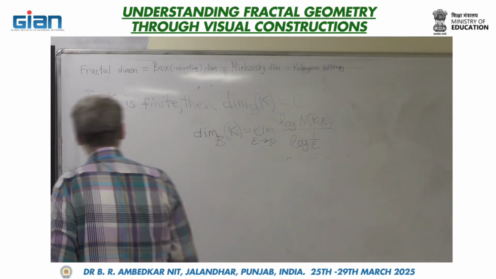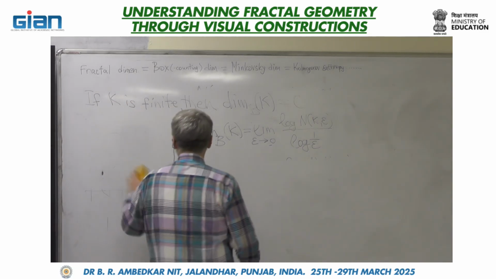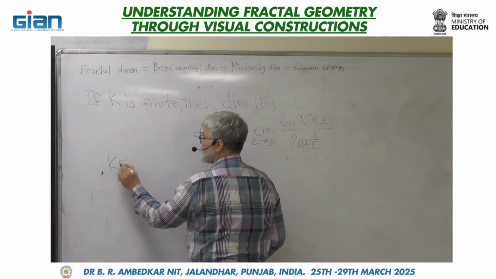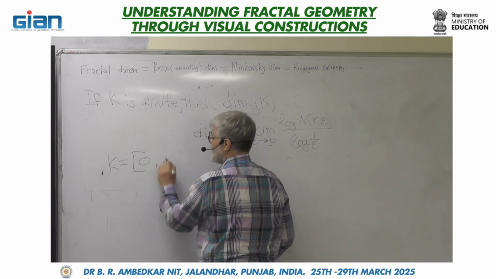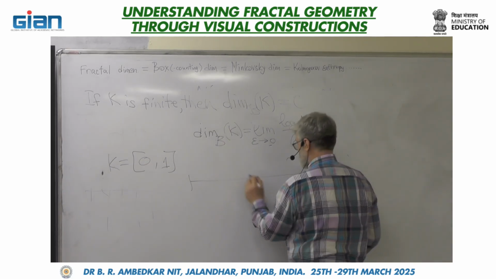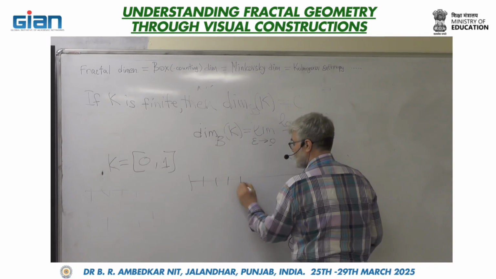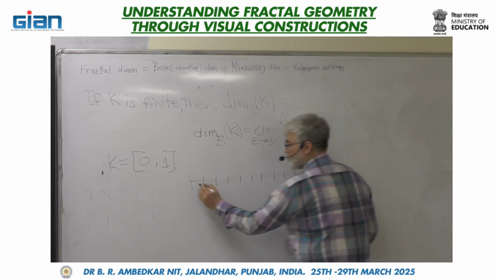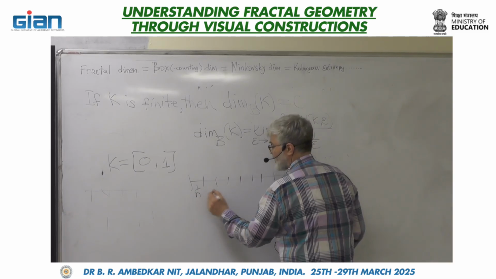If K is an interval, K is [0,1], then we divide it into n parts. Each part is 1 divided by n.